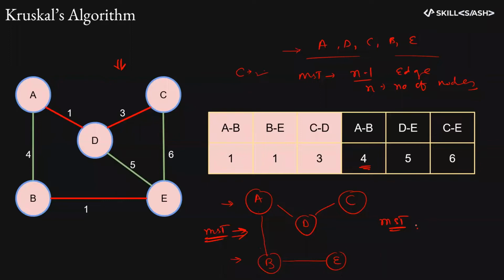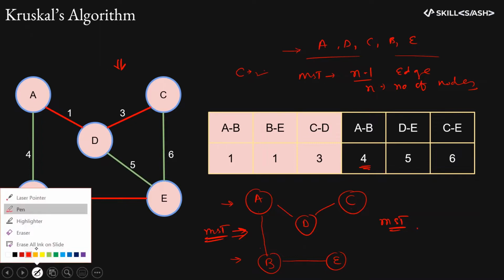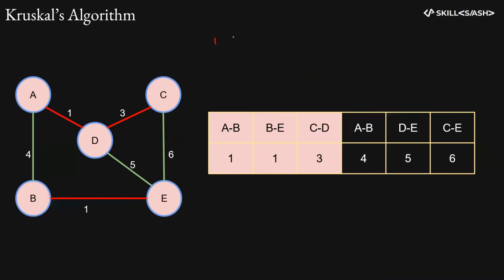We'll quickly see the code, in which way we can start writing it and then complete the Kruskal algorithm. So the first thing that will be required is a priority queue, right?